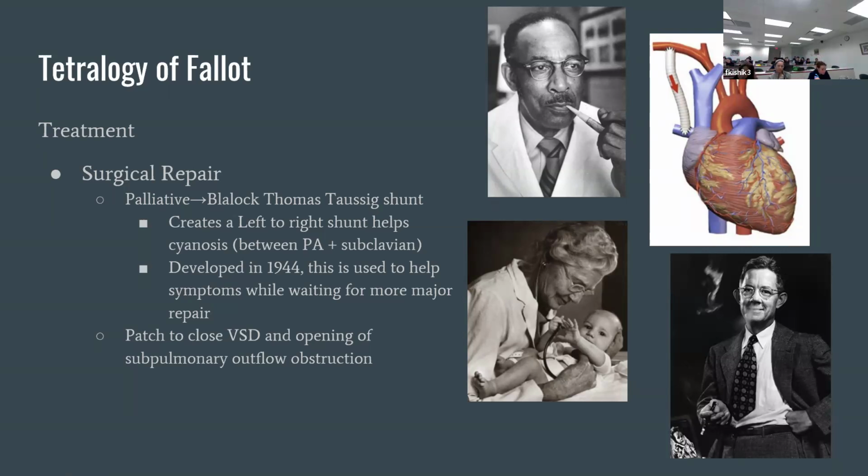So you can see here, they create a left to right shunt to help cyanosis. So they put a communication between the pulmonary artery and the subclavian vein. This was actually developed in 1944, and this is used to help with TET spells and cyanosis while they wait for the more major repair.